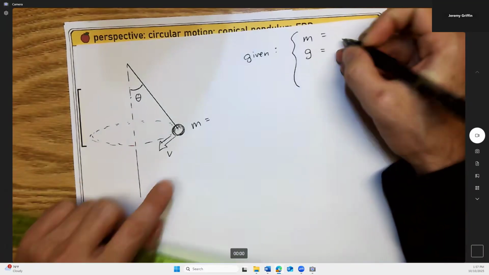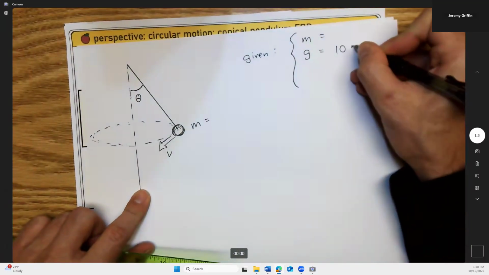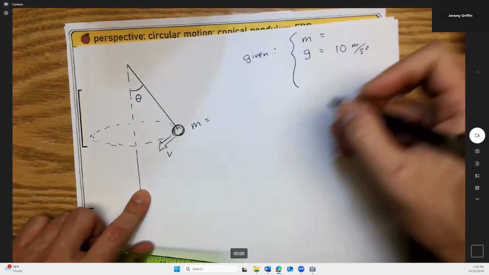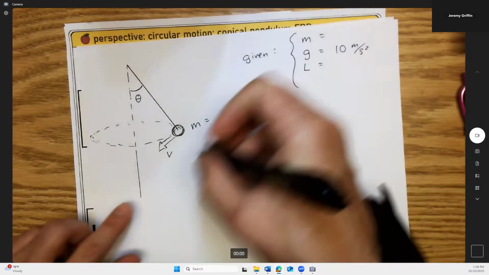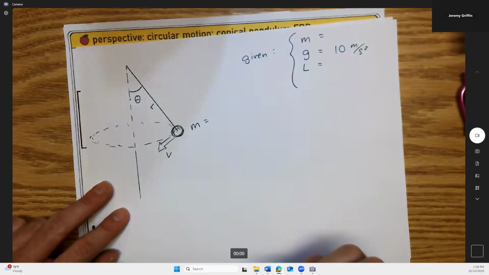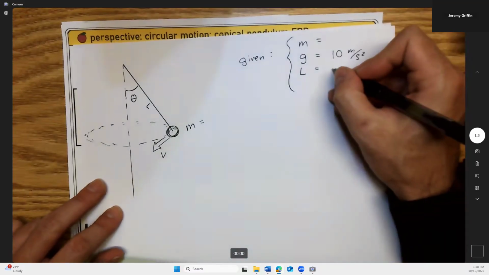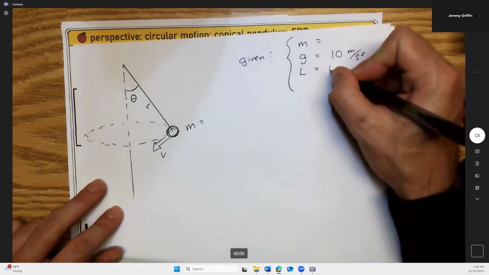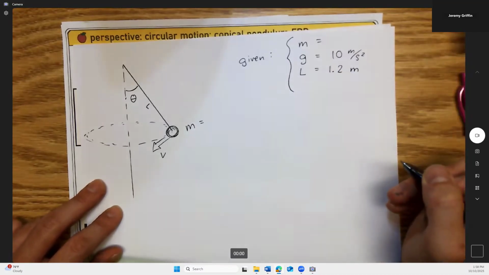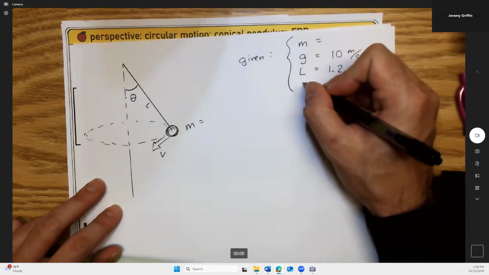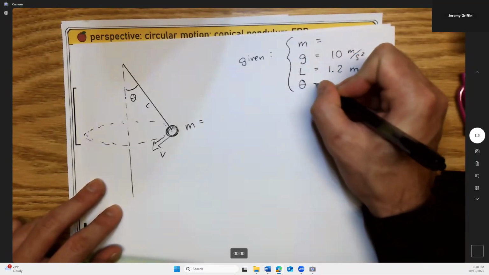I'll give you that the gravity field is, let's just stick to 10 meters per second squared. I'll give you the length of the string, because the string better have some length. Let's call it, how about 1.2 meters? A little longer than your meter stick. And finally, I'll give you the angle theta.